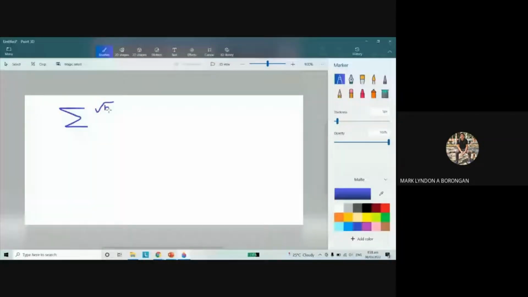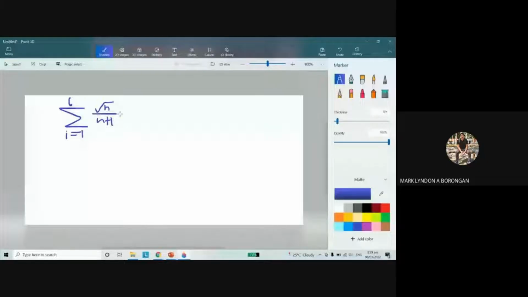So, atong buhaton is to replace lang simply the values. So, ako i-copy ha, atong imano-mano para mas masabtan ninyo. The sigma notation of square root of n divided by n plus 1 from 1 up to 6.